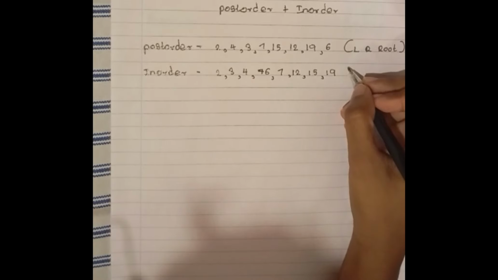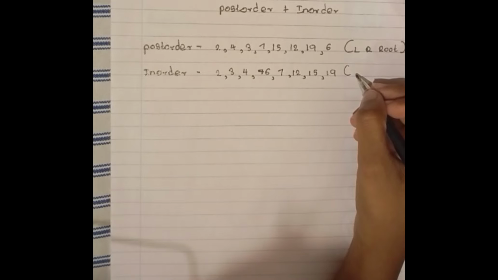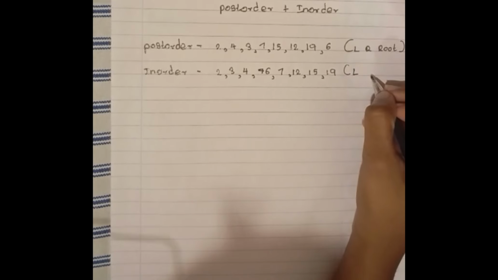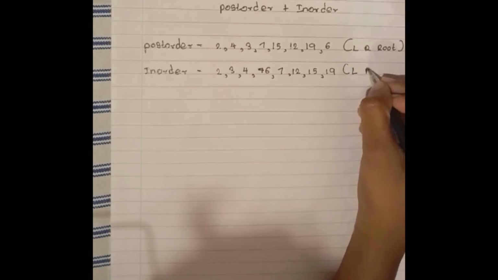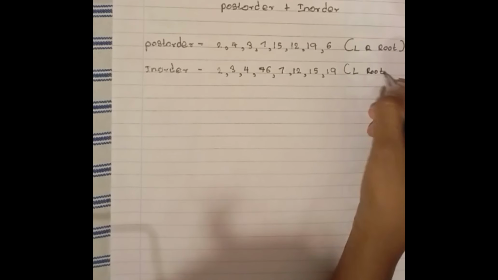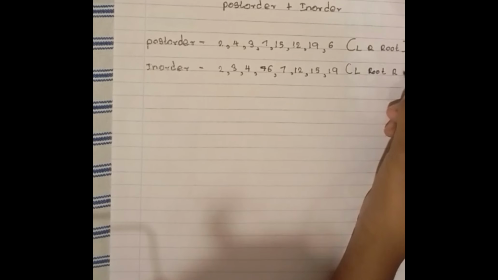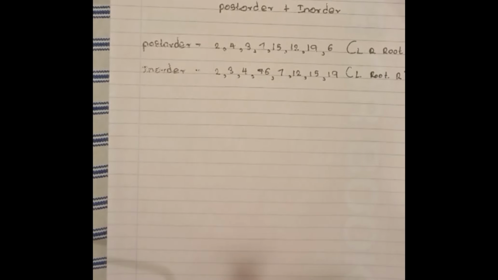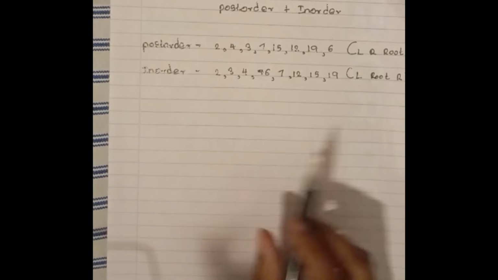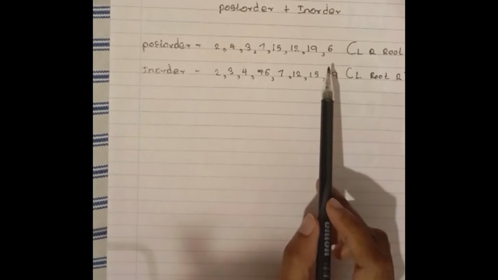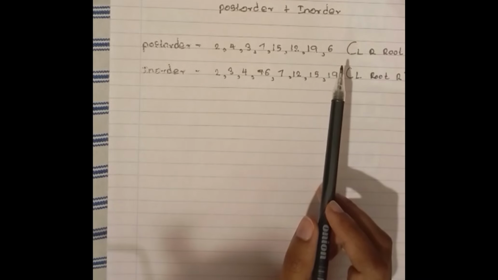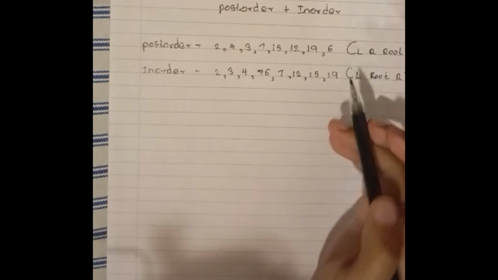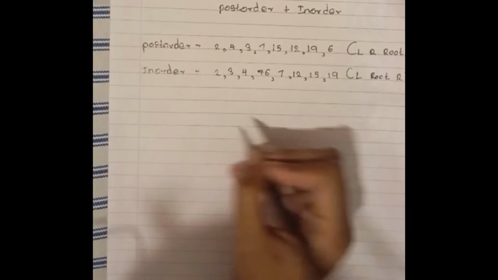As for the Inorder, visit left side, then root, and the right side. So let's find the root. From the Postorder, the last element is always the root, which means 6 is the root.